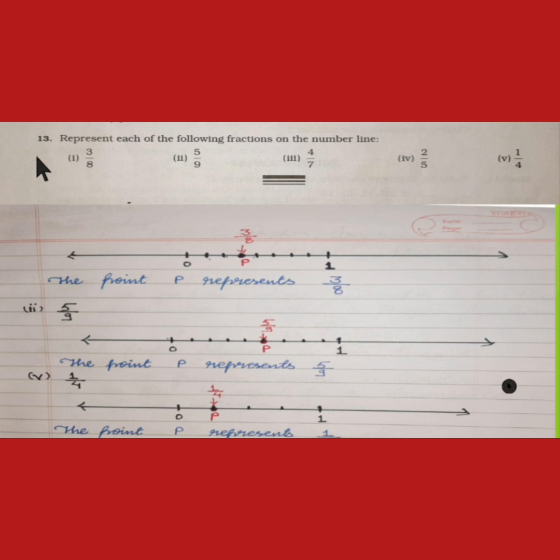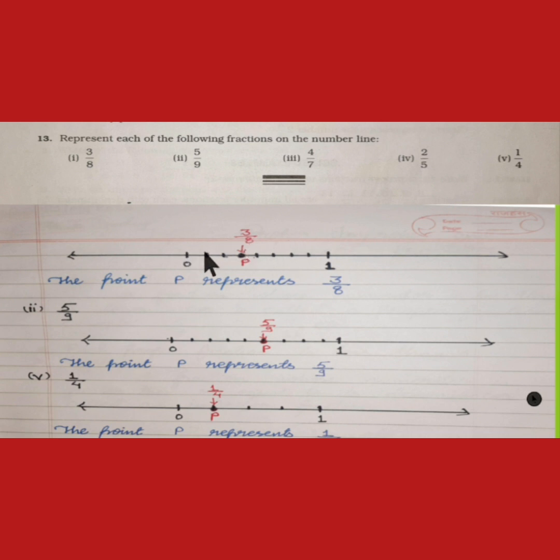Now question number 13. Represent each of the following fractions on the number line. The first one is 3 upon 8. First we see the denominator, which is 8. So in between 0 and 1 we make 8 equal parts, and the eighth part is 1.